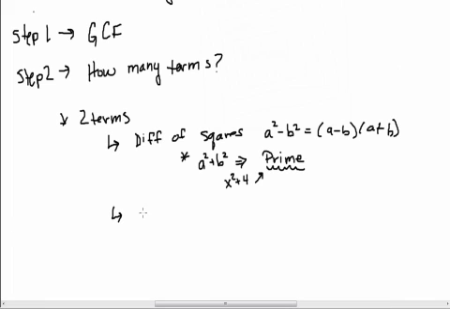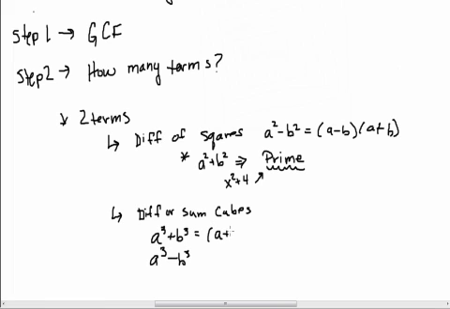Okay, other things we talked about when we see 2 terms. Difference or sum of cubes. Remember, there were 2 rules here. This is if I have a cubed plus b cubed or a cubed minus b cubed. And remember those rules.